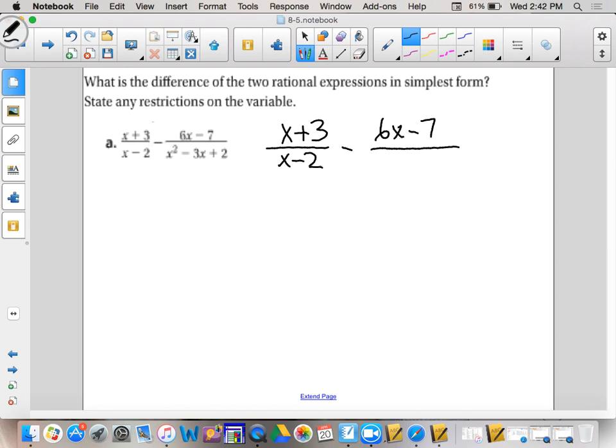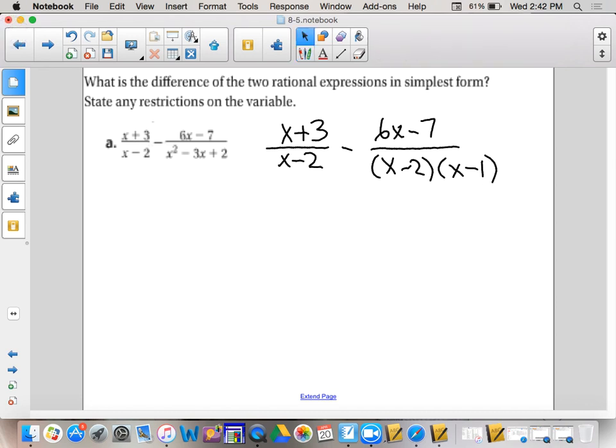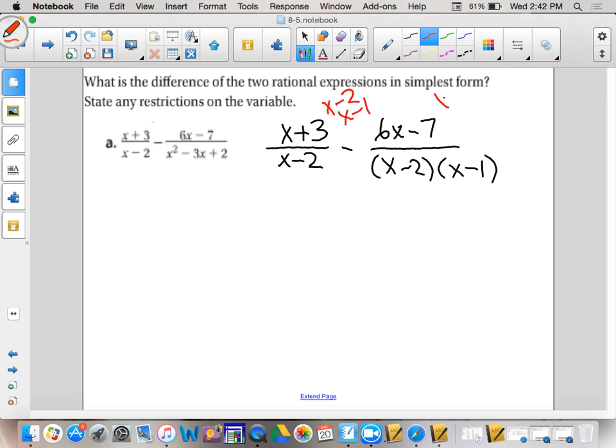What about x squared minus 3x plus 2? x minus 2, x minus 1. Okay, so what would my least common multiple be? x minus 2, x minus 1. So my x minus 2's cancel out, and what am I left with on the left-hand side? And x minus 2 is canceled out, and x minus 1 is canceled out. So what am I left with on the right-hand side?